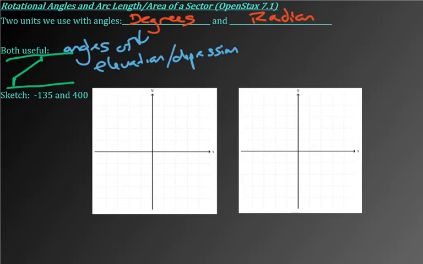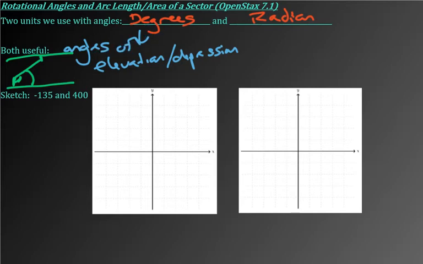We calculated what angle we wanted it to be off the ground, and we could calculate these angles in here. All that sort of stuff is angles of elevation and depression. Those are degree problems.